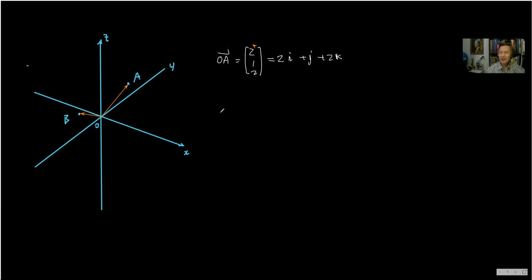Actually, the matrix is faster. OB, I wrote the two notations: (-1, -2, 2), or -i, -2j, and positive k.